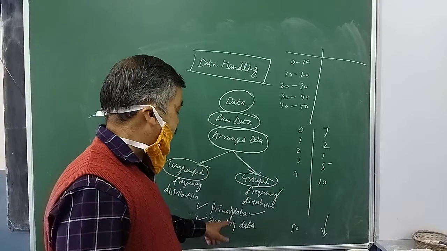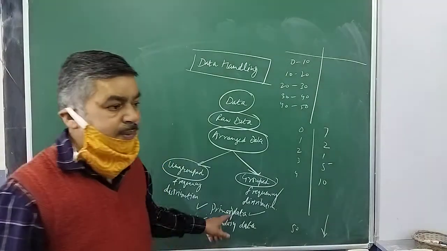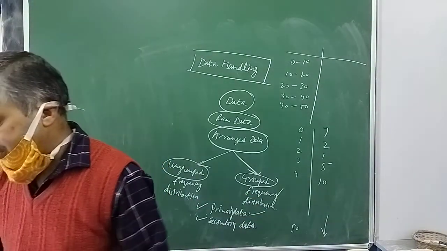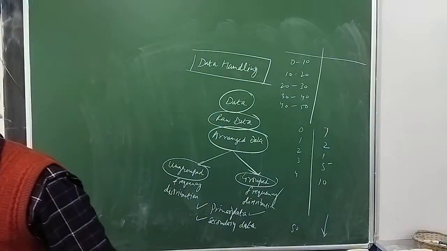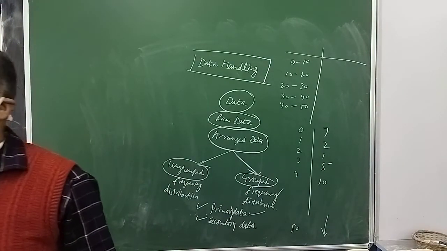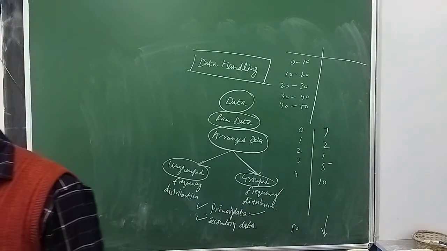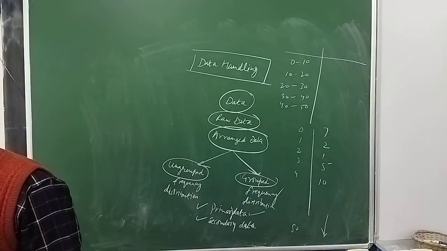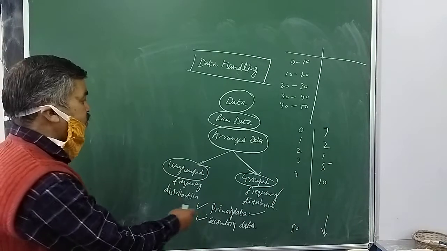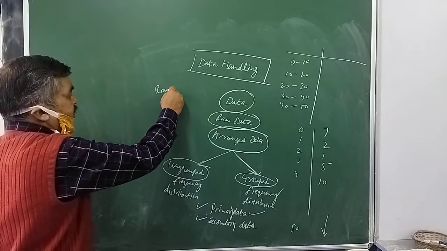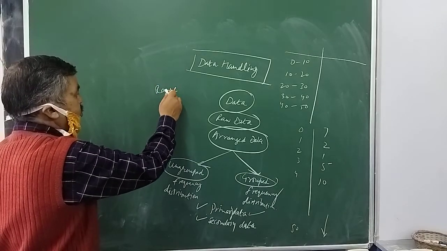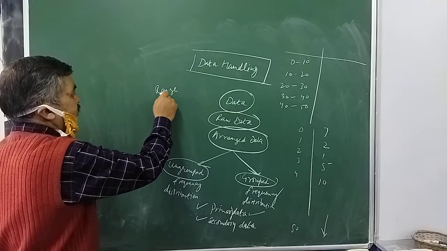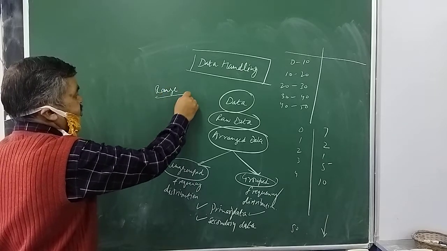Errors can be there, but data is of two types, primary and secondary. This is from the definitions point of view. You should know what is primary and what is secondary. Then there is range. One more word is there. From the definition covering point of view, you should know what is the range of the data. R-A-N-G-E.